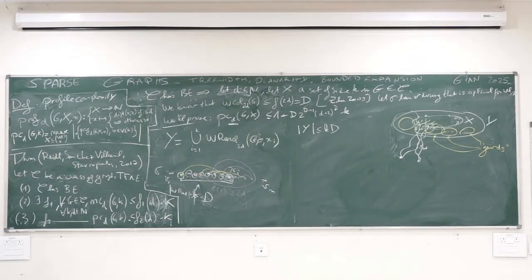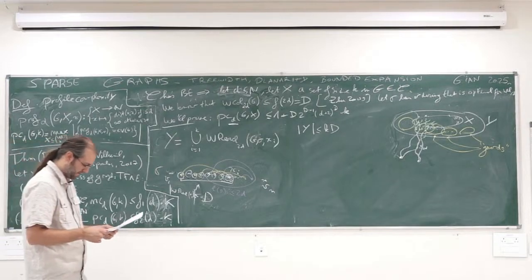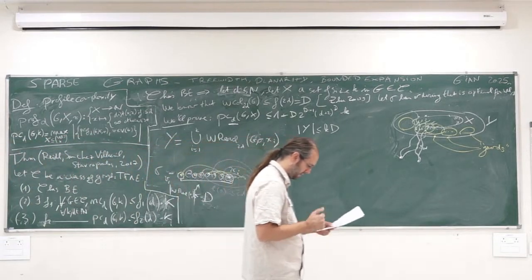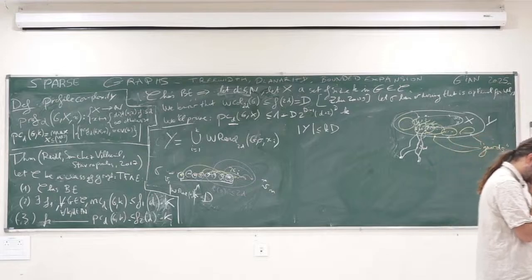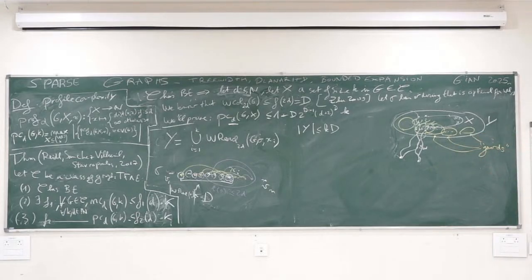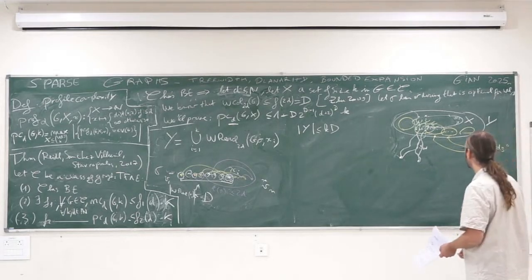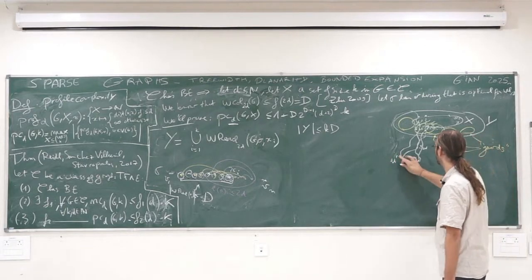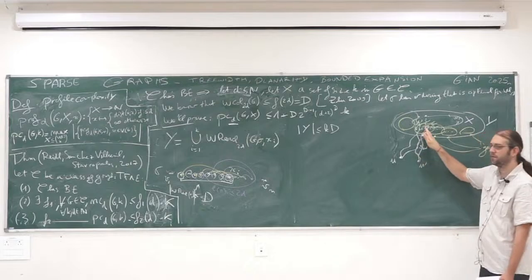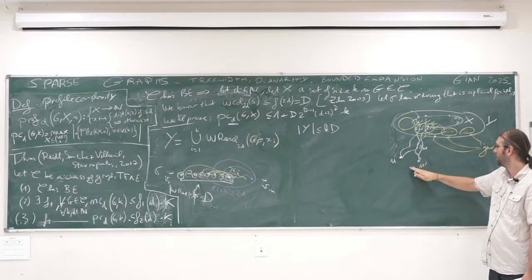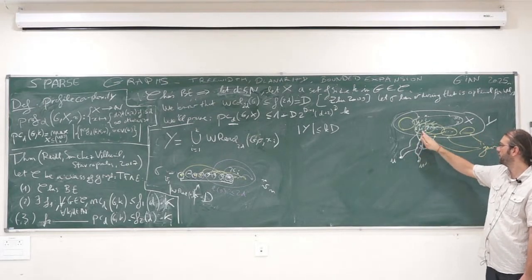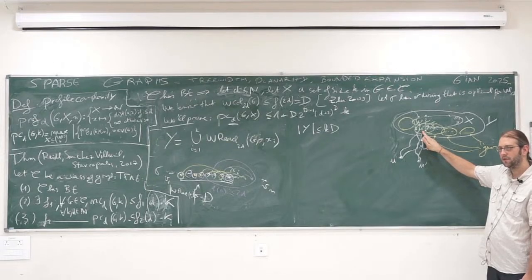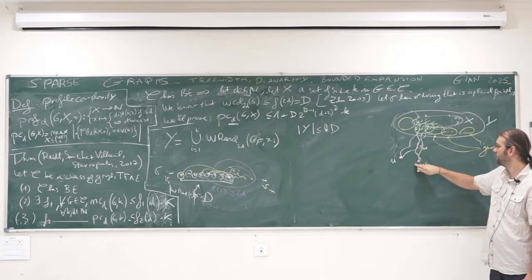So let me show you how to define these guards. What I meant here is that if you had two different vertices u and u prime which have the same guard, and also have the same profile to that guard, then they are redundant.